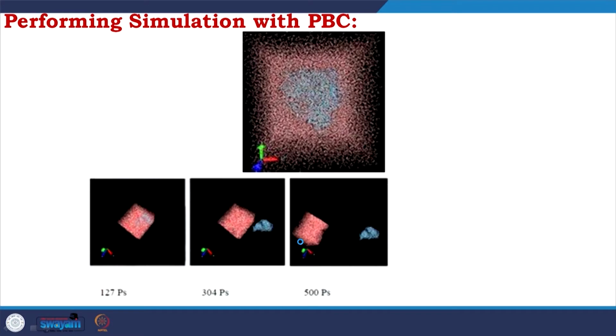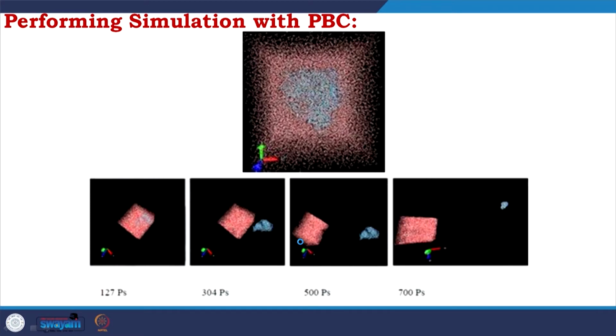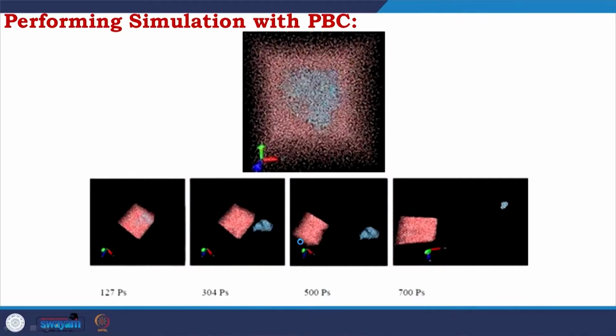There are very interesting problems that come up in choosing periodic boundary condition. Let's say you choose periodic boundary condition and you choose a single unit cell. Here is a run where a single unit cell of water molecules is chosen and a protein kept in the center of the box, and the simulation run developed.